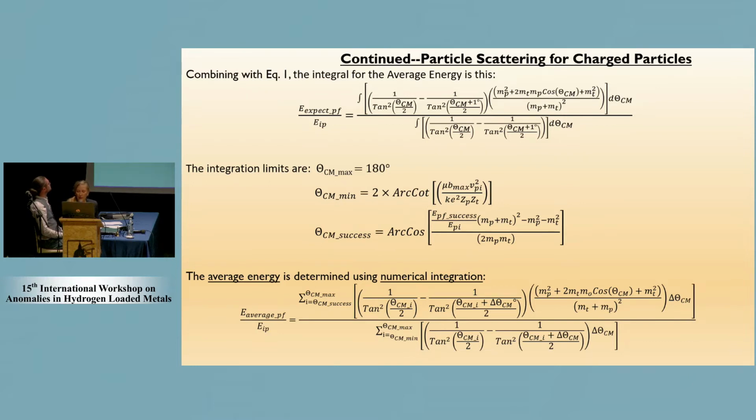Theta center of mass min is found using this equation, and theta center of mass success is found using this equation. For the angle theta center of mass, these integrals are then solved using numeric integration, as shown here.